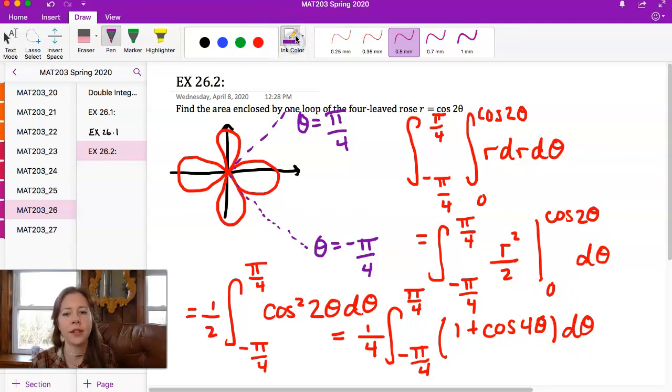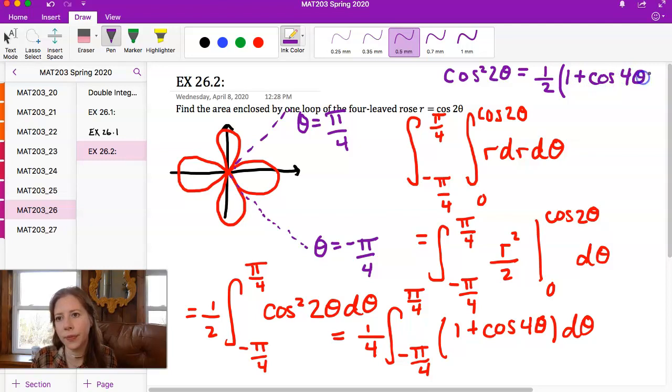This identity is slightly different: cosine squared 2 theta is equal to 1/2 times 1 plus cosine 4 theta. Or another way to think about it is cosine squared theta is equal to 1/2 times 1 plus cosine 2 theta, right? I just doubled it here.